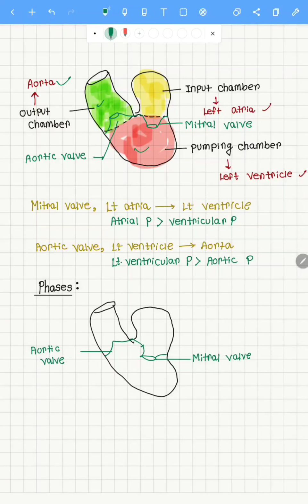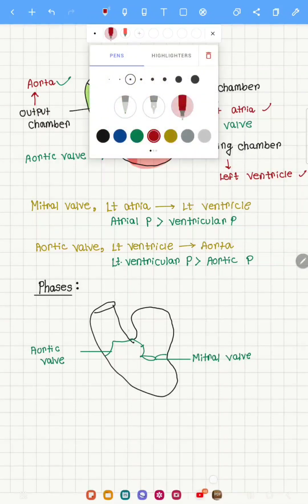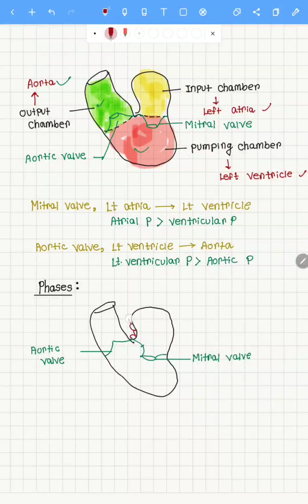In this phase, atria starts to contract. I am showing this like that. Atria starts to contract. That means it will squeeze blood into the ventricle.